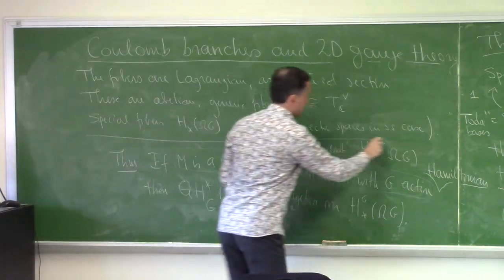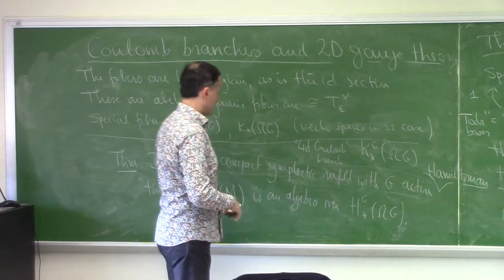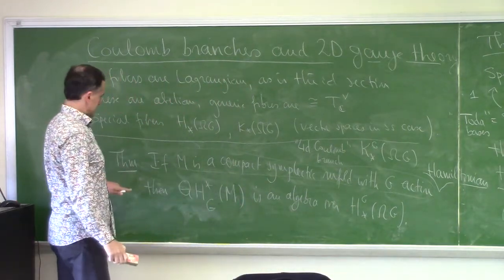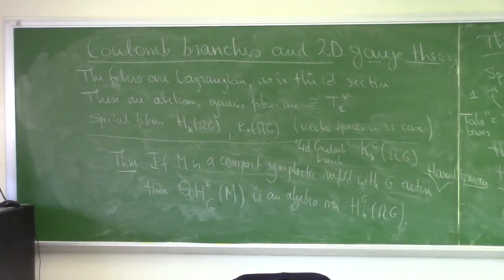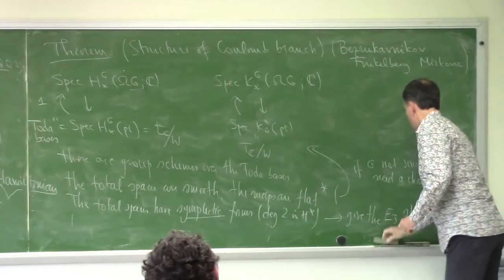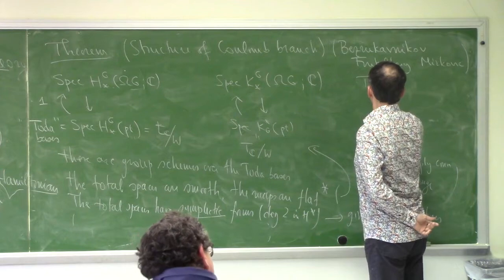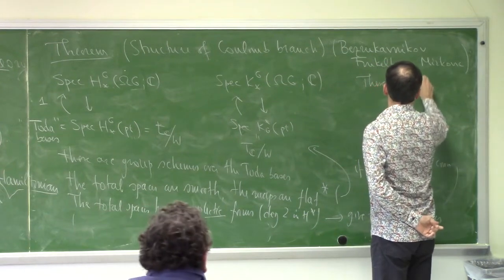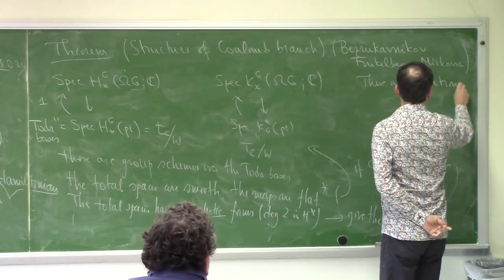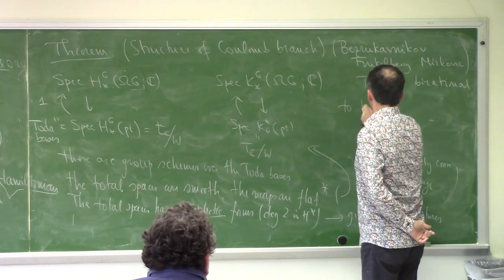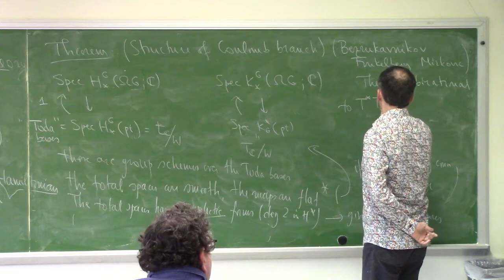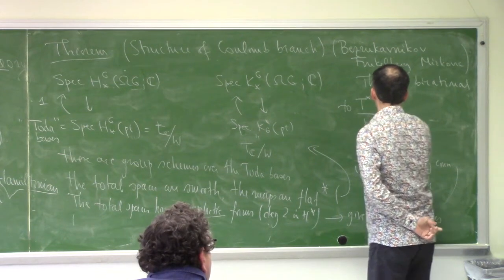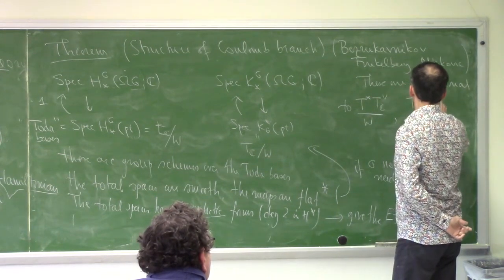Oh, I can say one more thing. Tell you roughly what they look like, but I may not erase this because I want to continue it. So let's say they are birational to a cotangent bundle of the dual torus over the Weil group, or the torus times the dual torus.